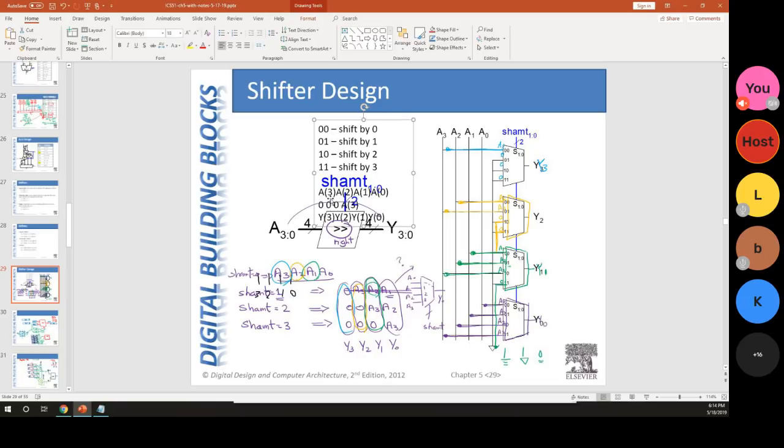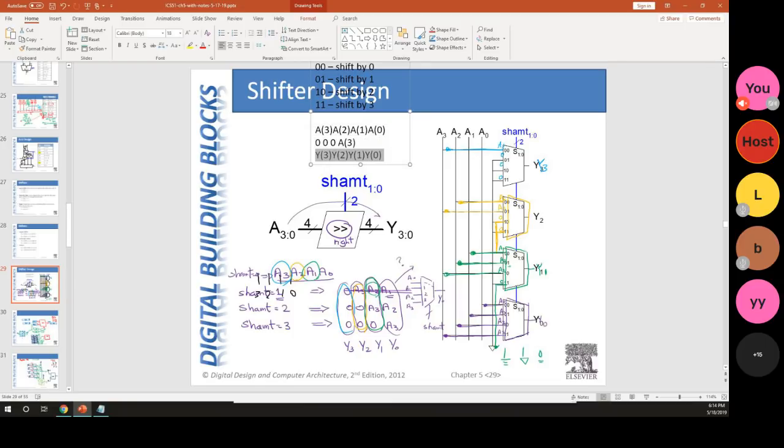We could potentially shift more, but our mux only has 2 bits, so the max we can shift is 3. I don't think she'll give us a case where we shift more because that's pretty much pointless. Just think of it as written out like this when you write out the answer.